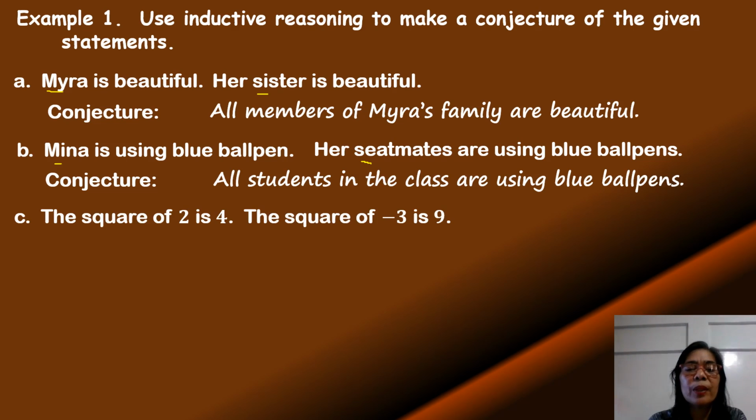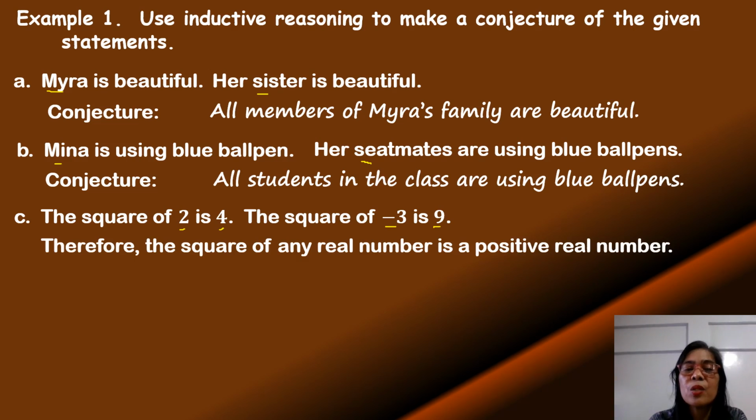Okay, another example. The square of 2 is 4. The square of -3 is 9. And from these statements, we can observe that 2 is a real number and its square is positive. -3 is a real number and its square is a positive real number also.